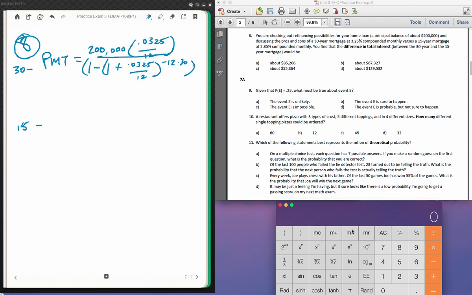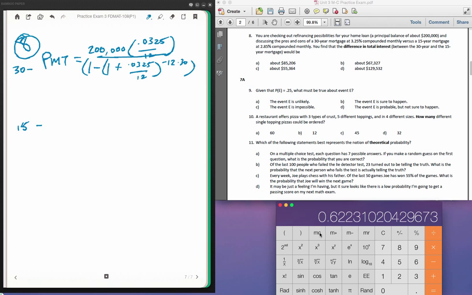So I clear this out, clear the memory as well. 0.0325 divided by 12 gives me that value, and we'll add that to 1, raise it to the power of negative 360, and we'll then do 1 minus that number, which in this case gives us 0.62.